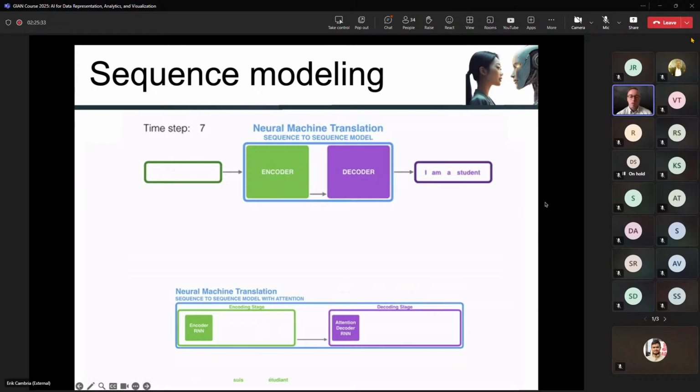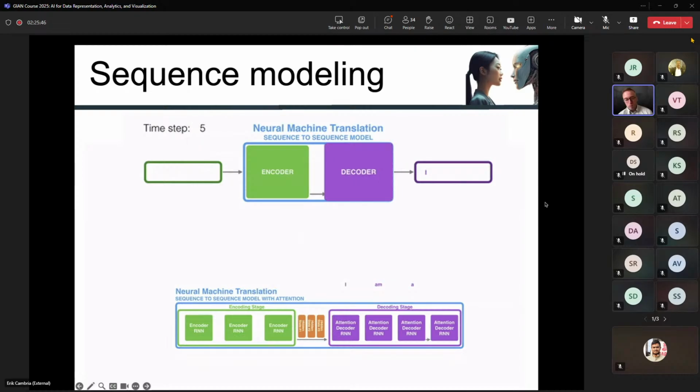So I believe there's still a lot to be done, together with linguists and computer scientists, and large language models alone cannot do that.